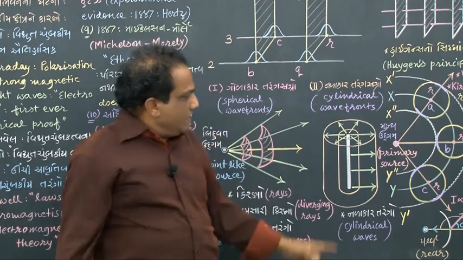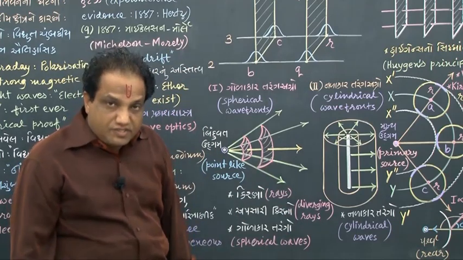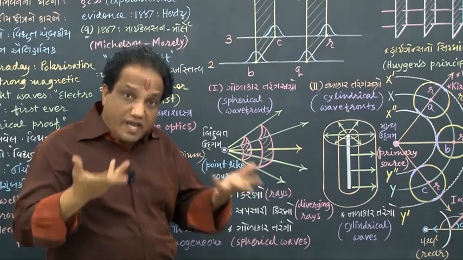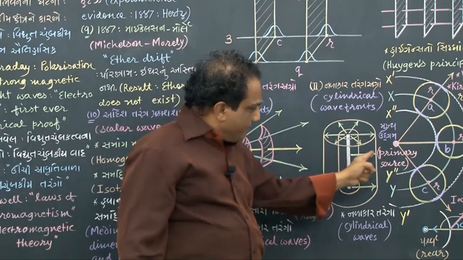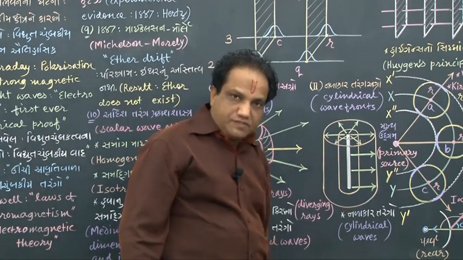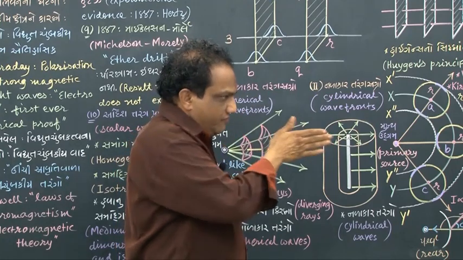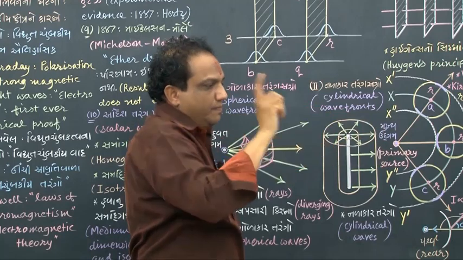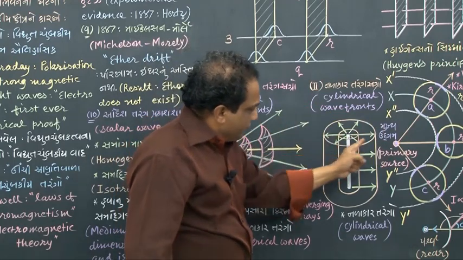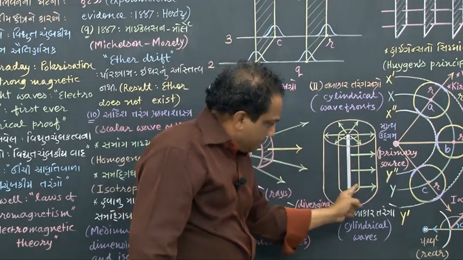In case of these cylindrical wavefronts, how would you draw rays? I am showing you. Rays are those lines which are perpendicular to wavefronts. If you draw perpendiculars in one direction, say perpendicular to this part of the cylindrical wavefront, then all these rays you will find mutually parallel.